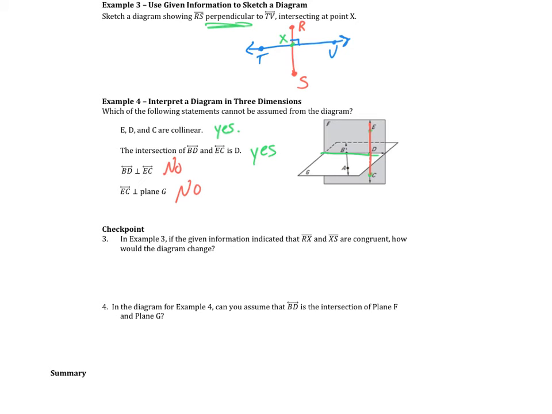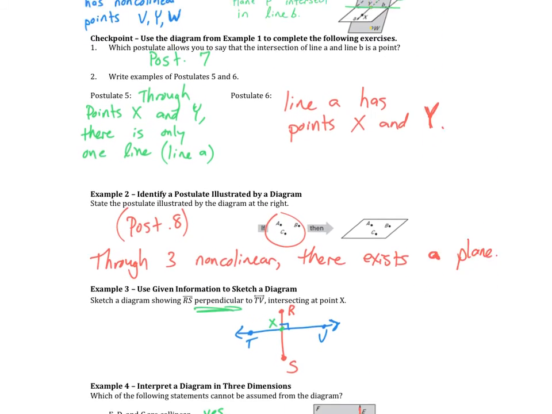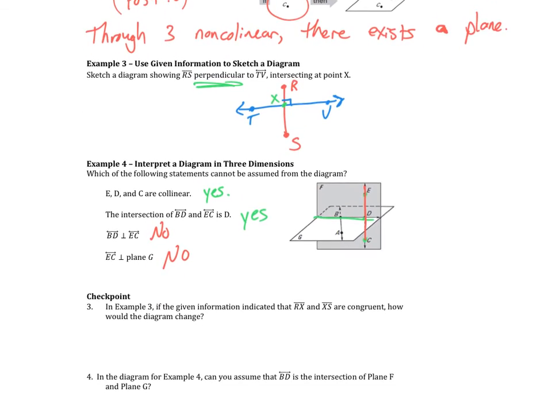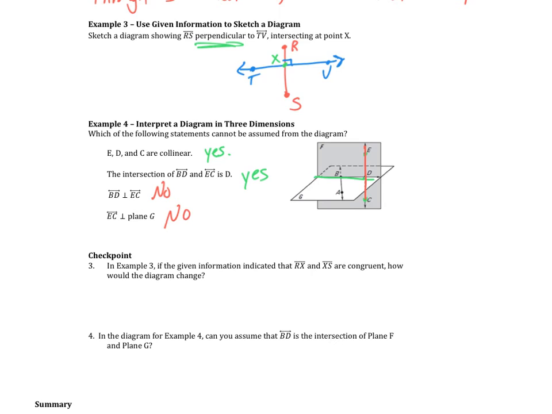So in the checkpoint, using example 3, if the given information indicated that segment RX and segment XS are congruent, how will the diagram change? So in the diagram above, right up here, it would look like this.